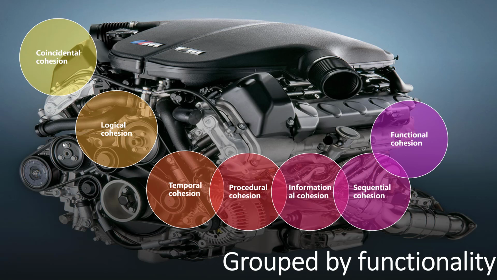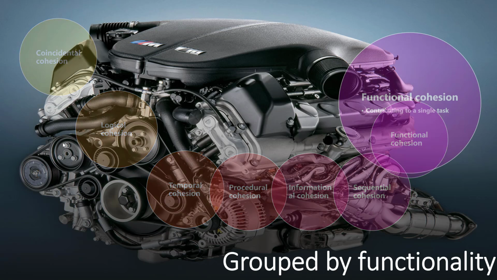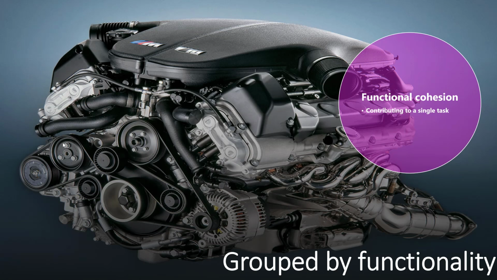But inside the engine, you can change anything you want. You can make changes to all the stuff that is not connected directly to other systems. And that means that you get immense freedom of choice all of a sudden. So this is what functional cohesion is about. That is grouping stuff that contributes to a single task.